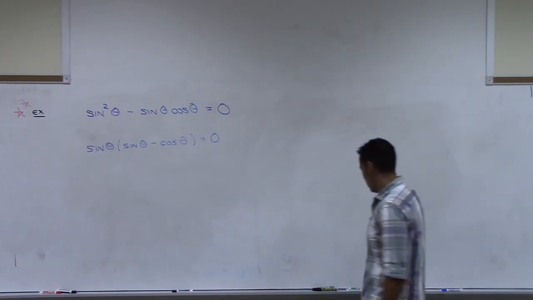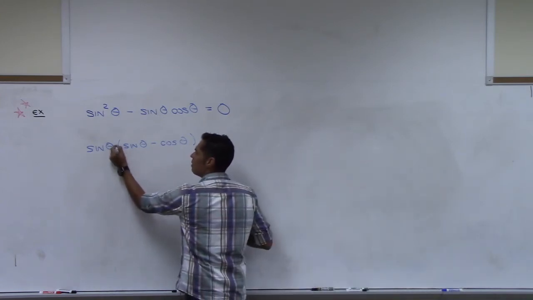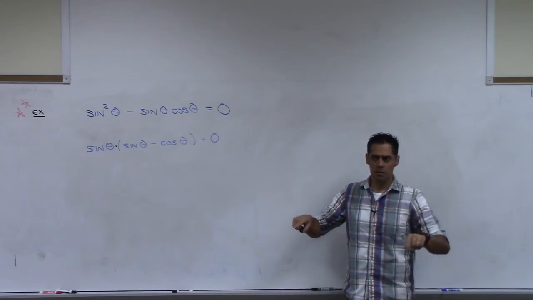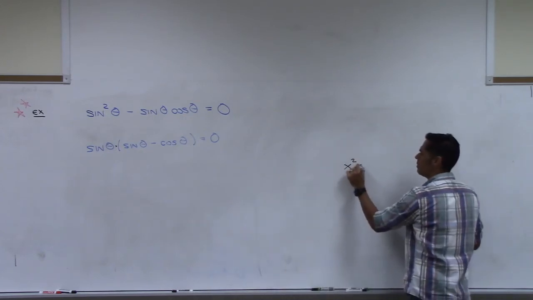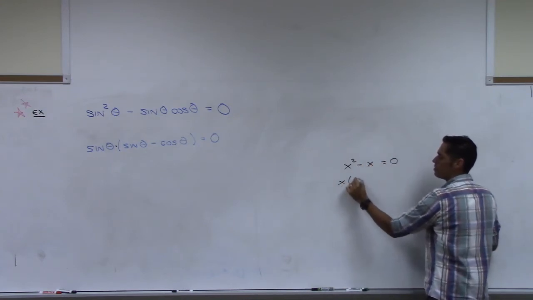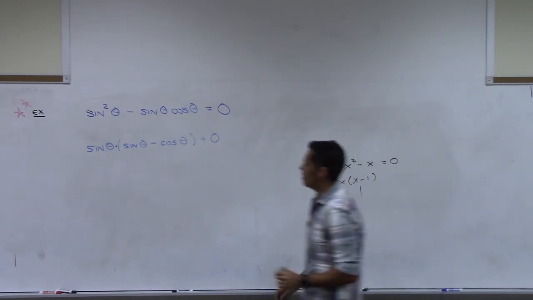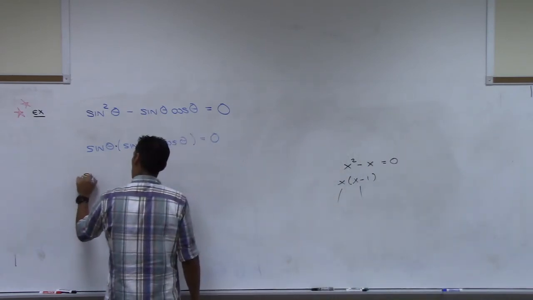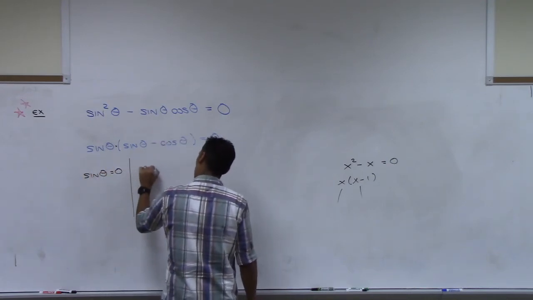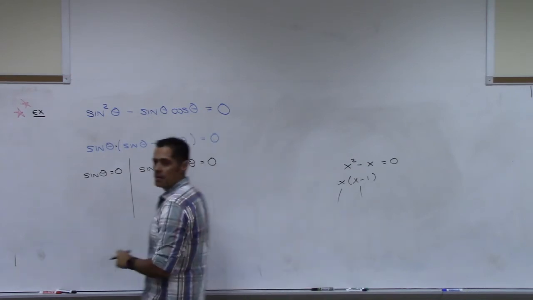Well, if two things multiply to be 0, then you can set them each equal to 0, right? That's what you would do if you were given a quadratic and you factor out an x. You'd set each of these equal to 0, right? So why don't I set each of these equal to 0? That would be right?